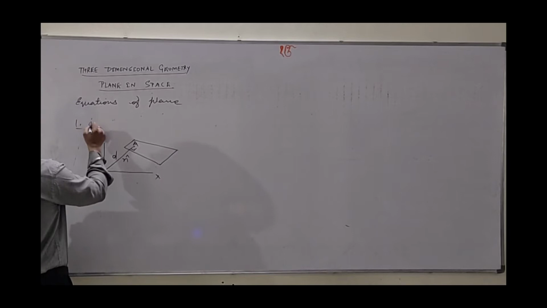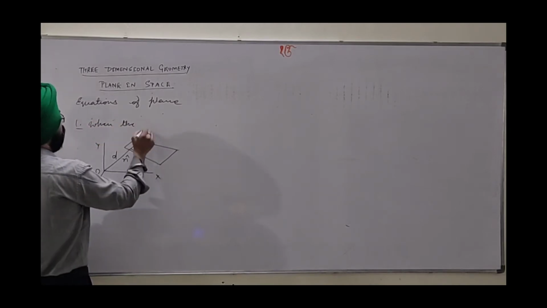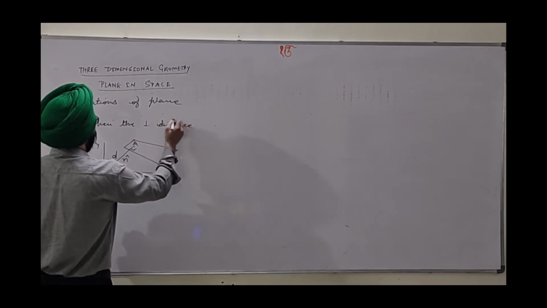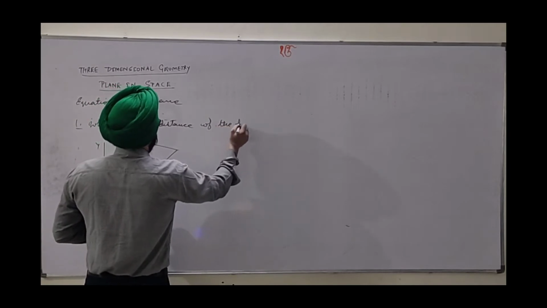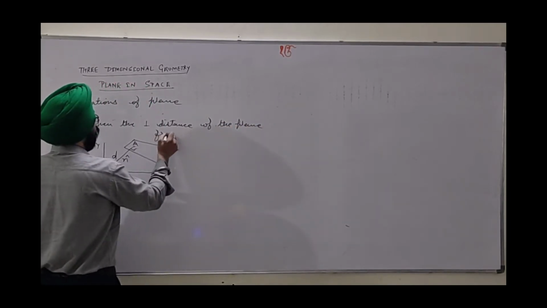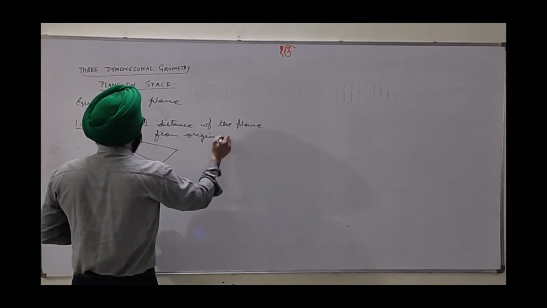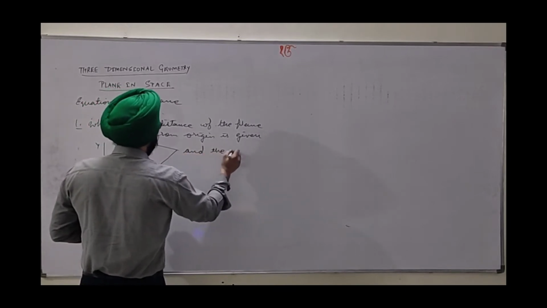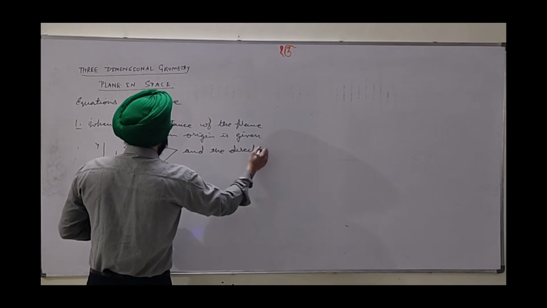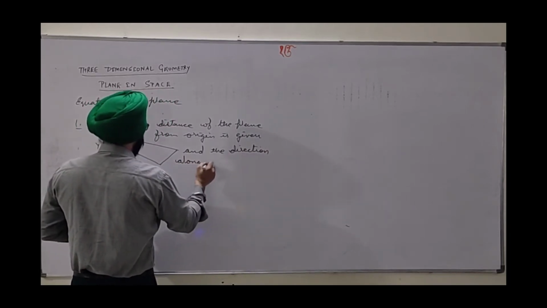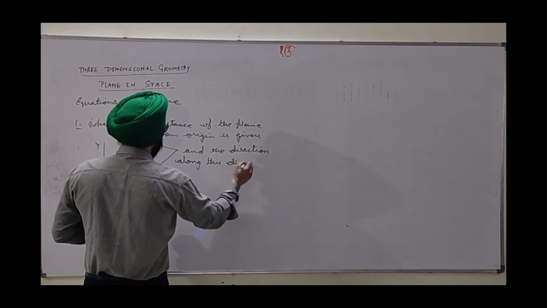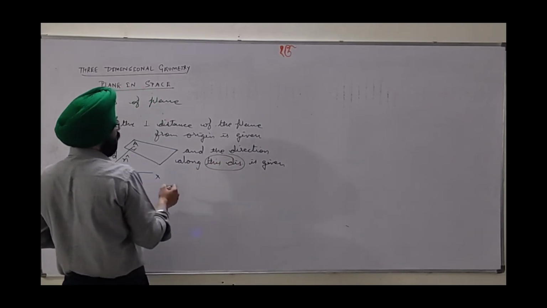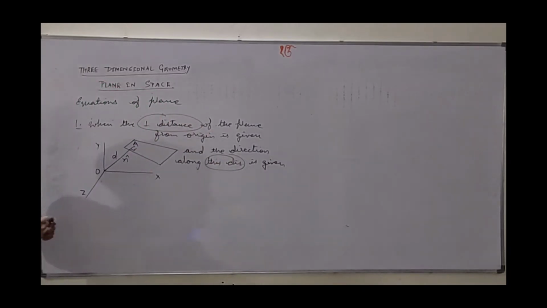So we write here: when the perpendicular distance of the plane from the origin is given and the direction along this distance is given. So these two things we actually have, the perpendicular distance and the direction.